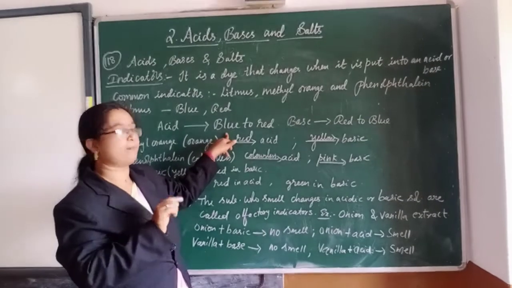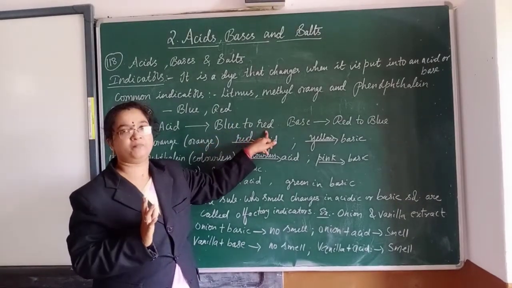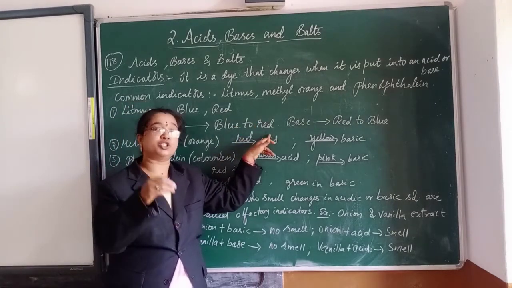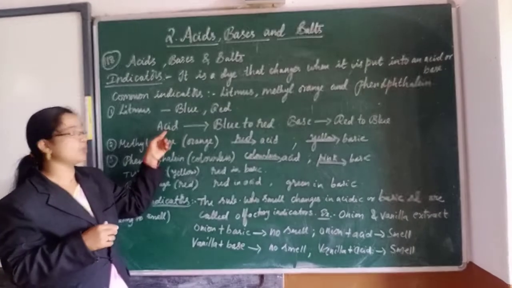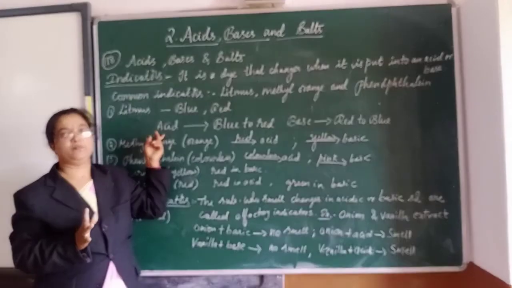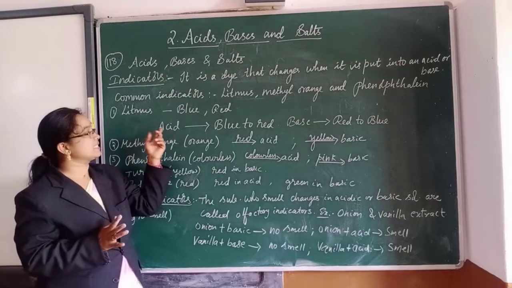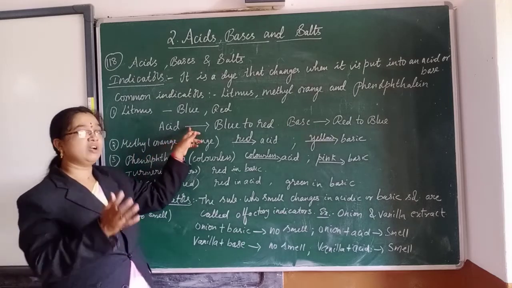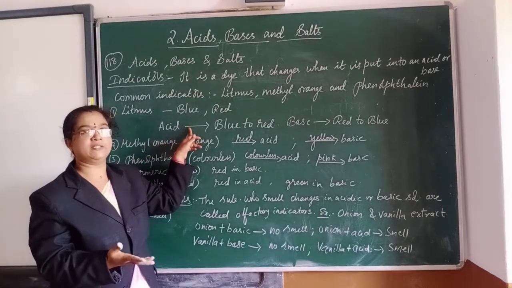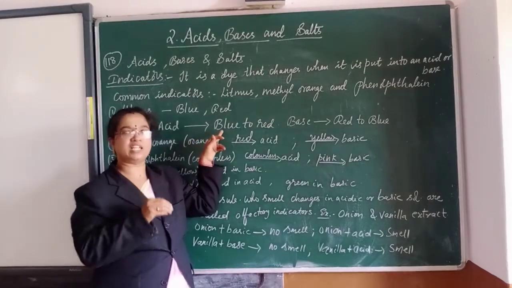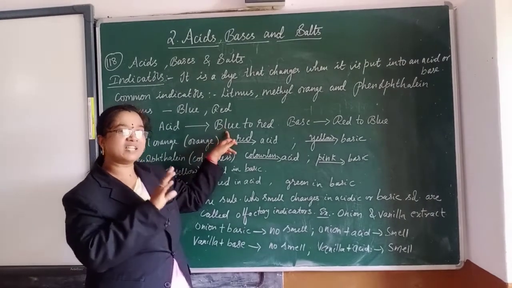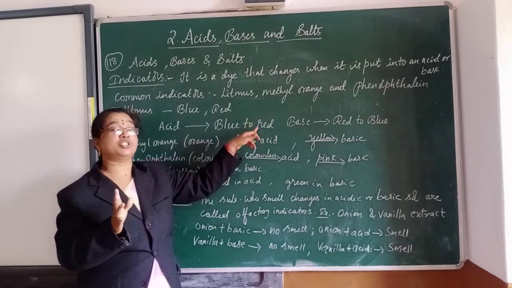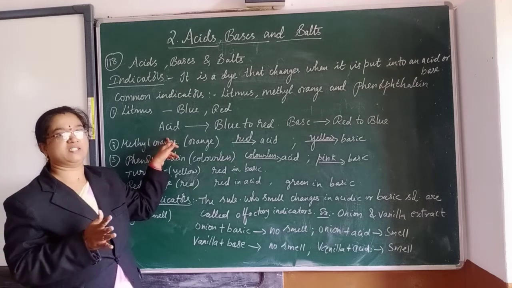If the blue paper turns red, then the solution is an acid. Clear everyone? If I have taken an unknown solution and put blue litmus paper in it, and the blue color changes into red, then the solution is nothing but an acid.